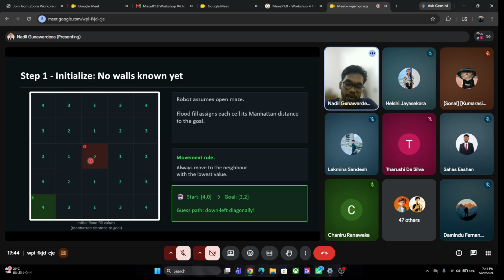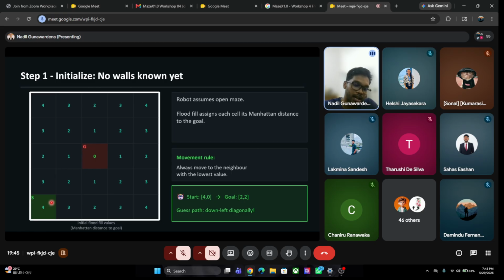If the goal cell is 0, we give the neighboring cells number 1. And for the neighbors of 1, we give number 2. Likewise, we fill out the entire grid with numbers.